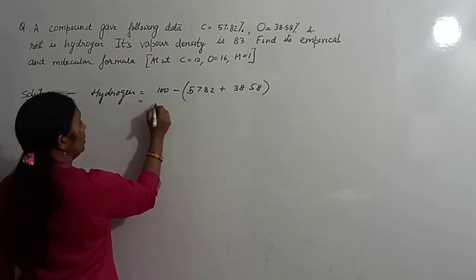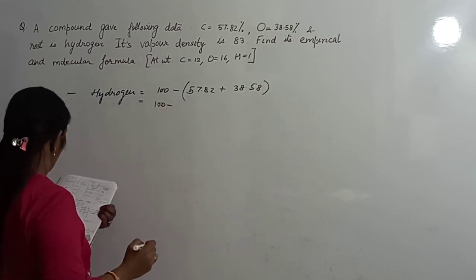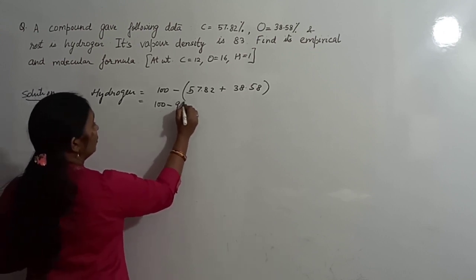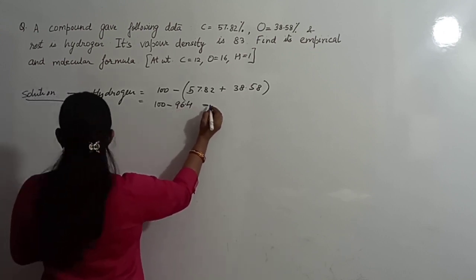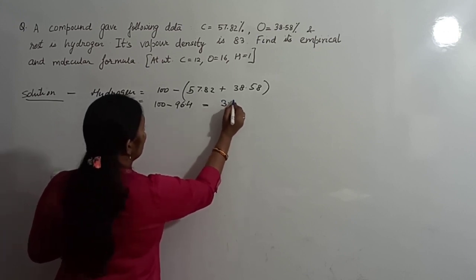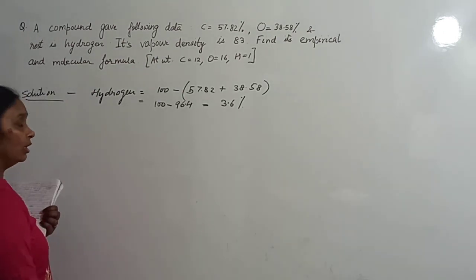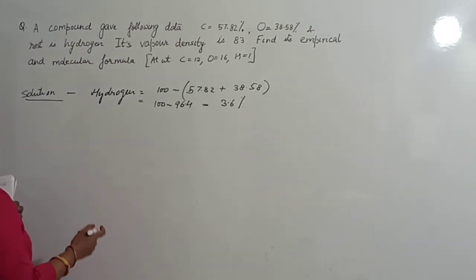So this is coming near about 100 minus 96.4, which is equal to 3.6%. So hydrogen is 3.6%. We got the percentage of hydrogen. Now we are going to make the table.